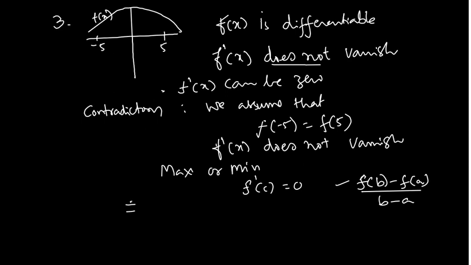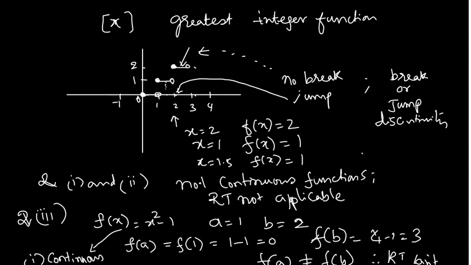In the same way, here we assume f of minus 5 equal to f of 5. Then Rolle's theorem can be applicable. Whereas f dash x does not vanish, he said, but he didn't say it's equal to 0. But we need f dash c to be 0. But he said it does not vanish and does not become 0. And therefore, f of minus 5 is not equal to f of 5.